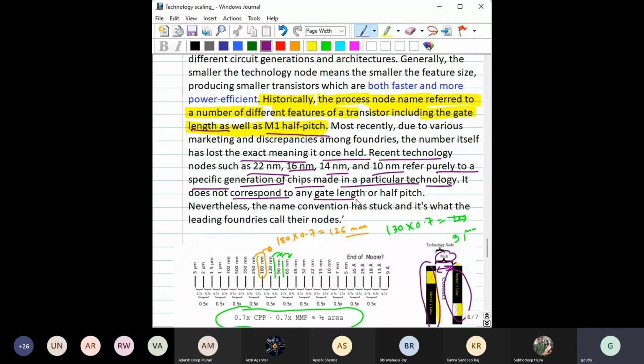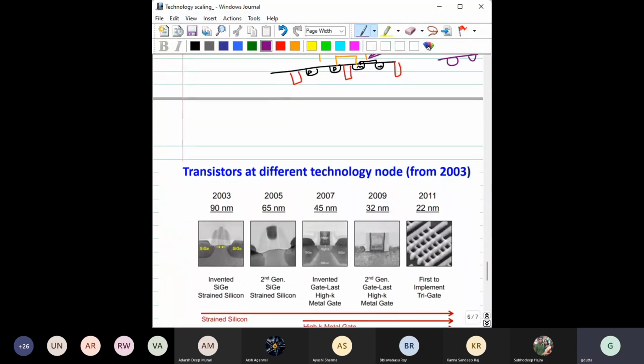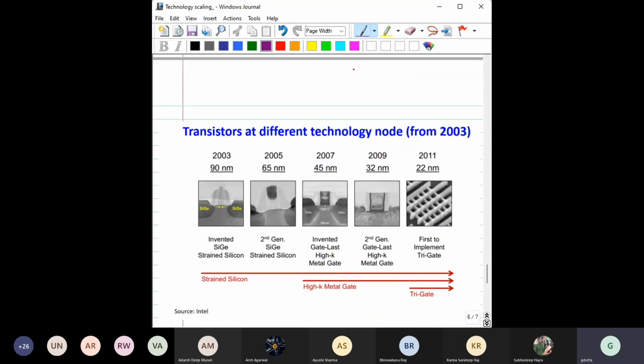It does not correspond to any gate length or any half pitch, right? Nevertheless, the naming convention has stuck, and that is what the leading foundries call their nodes. So you understood what a technology node means, and that 7 nanometer does not mean the gate length is 7 nanometer, right?